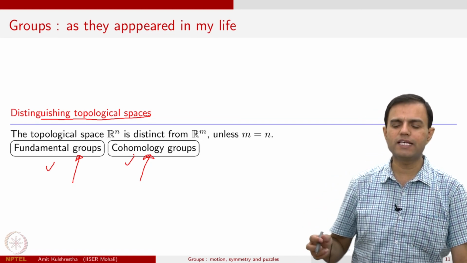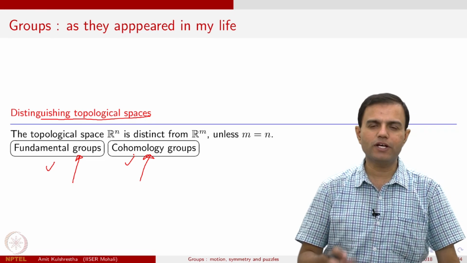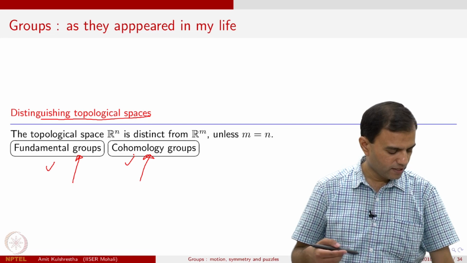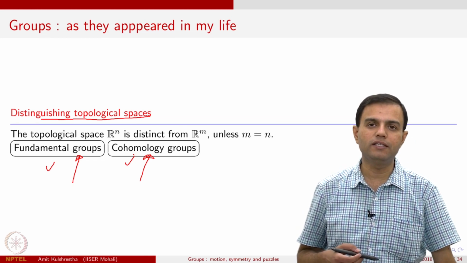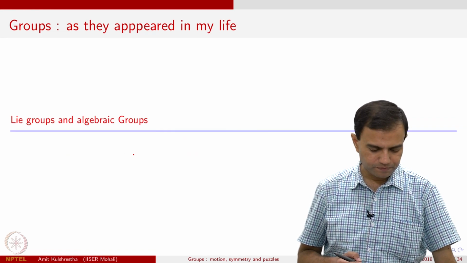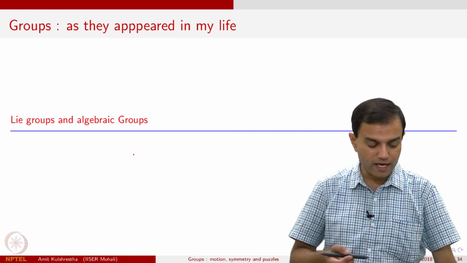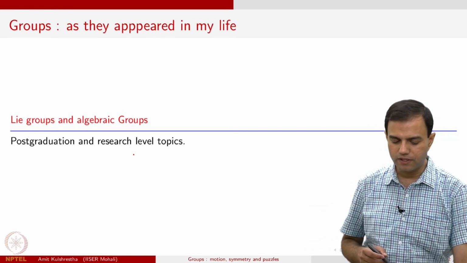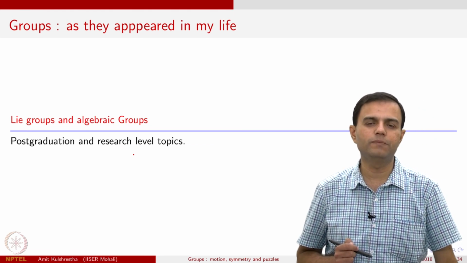So group theory, as I am saying, is there in abstract mathematics, it is there in physics, it is there in many puzzles, and the interesting part is going to be there in group actions that I am going to explain after some time. And then in higher mathematics, at research level and postgraduate level mathematics, we learn what are called Lie groups and algebraic groups.